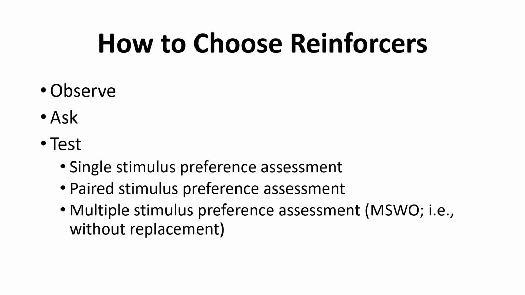If you're doing it without replacement, after they've made their first choice, you would remove that option and then present the remaining potential stimuli. So if you had 6 options and they choose the toy car first, then you would present the remaining 5 and see what is their second preference. What is the third? What is the fourth? Until you know the order of preference. And usually you're going to want to use the most preferred stimulus as a reinforcer.